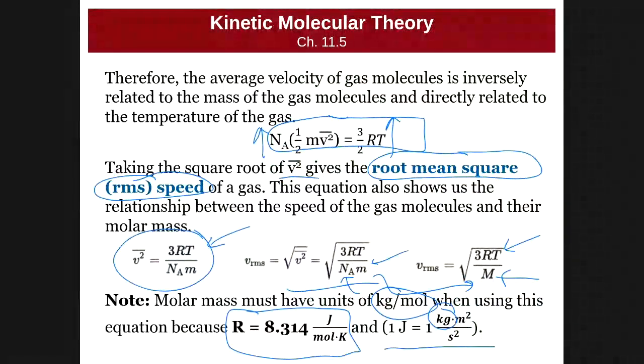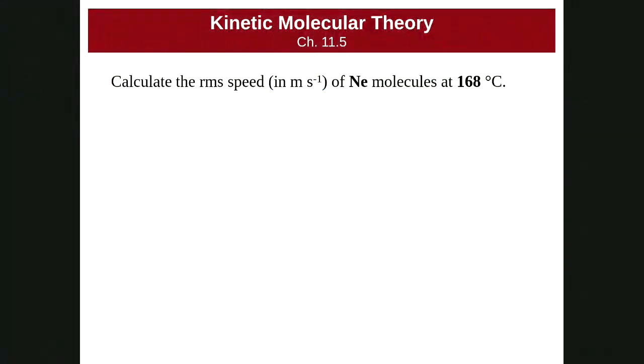Grams per mole when you are calculating for this RMS speed. So I'll show you what that looks like right now. RMS speed, VRMS, is equal to the square root of 3RT over capital M, which is our molar mass.